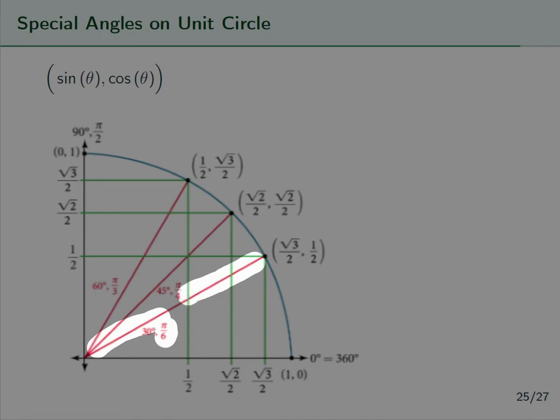If this length is 1, we know that because the angle is pi over 6, this length is half, and that's why we have half here by that special angle triangle. If this is half, this distance right here is square root of 3 times this smallest length, which is square root of 3 over 2 right here.